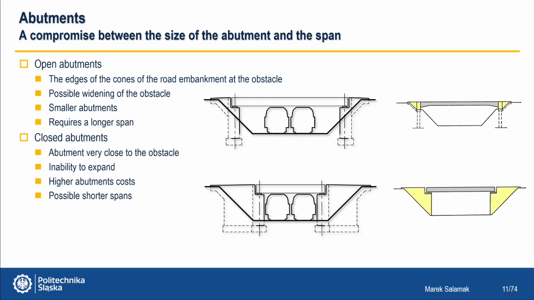But in turn, we will have a shorter span, which should translate into lower costs. Hence, we are looking for a compromise between the costs of abutments and spans, but with certain assumed functional requirements and throughout the entire life cycle of the bridge.